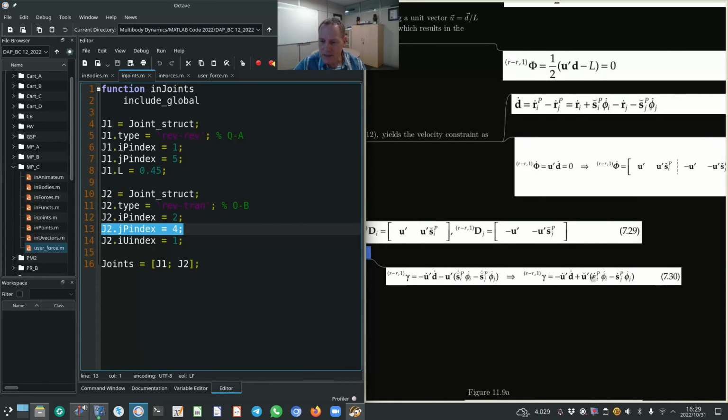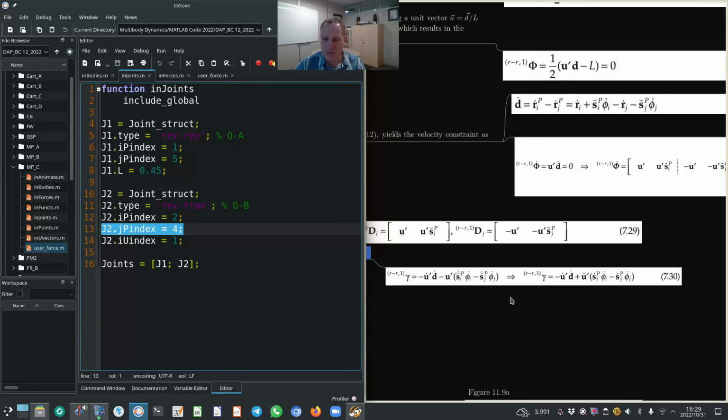DAP calculates s_P^I dot and s_P^J dot, and DAP also calculates the angular velocities of bodies I and J. So everything is defined for us to run this simulation.